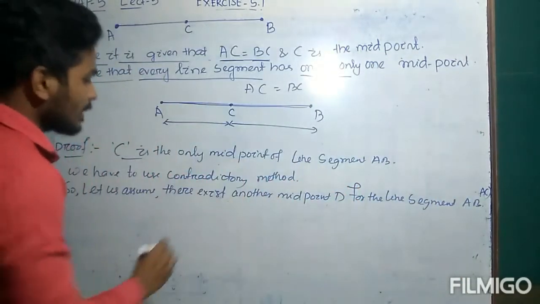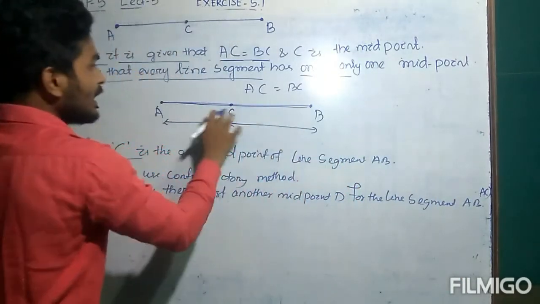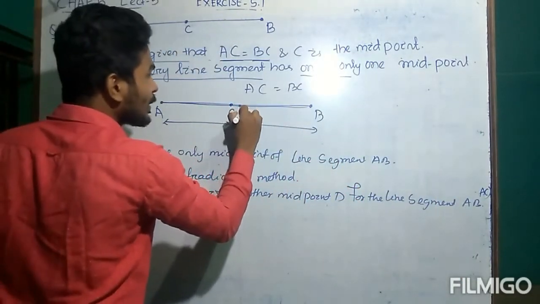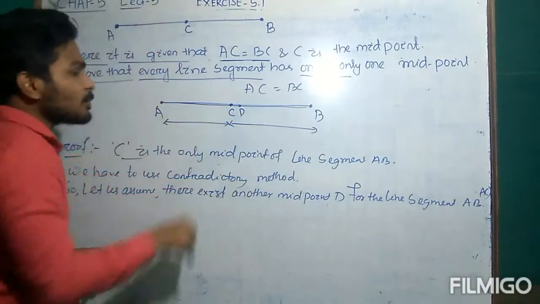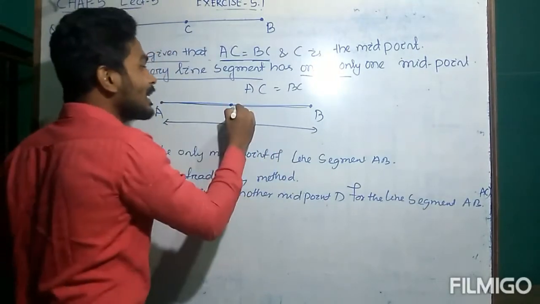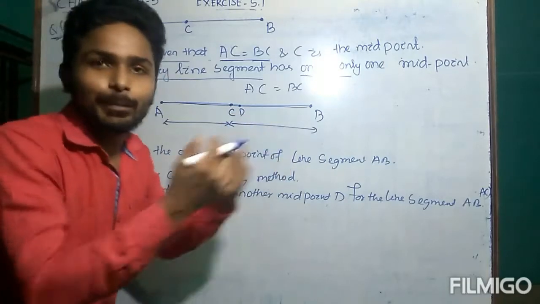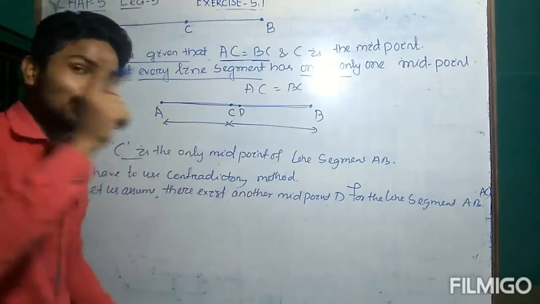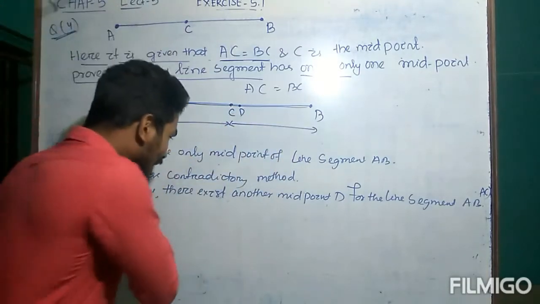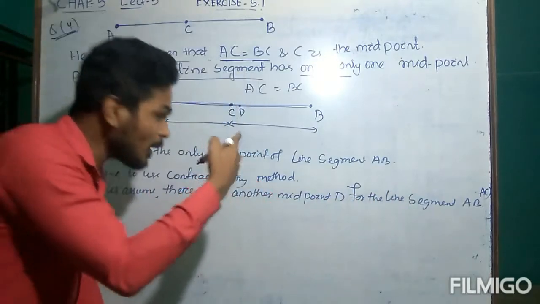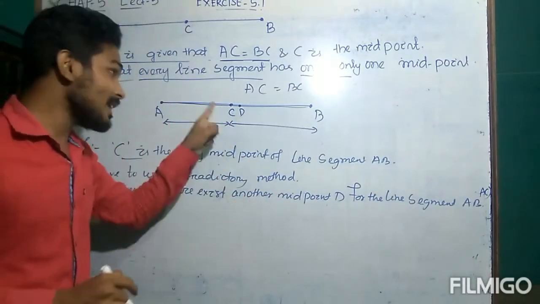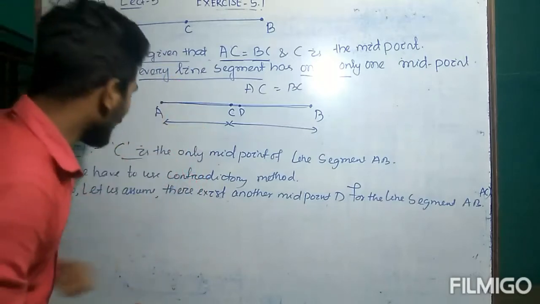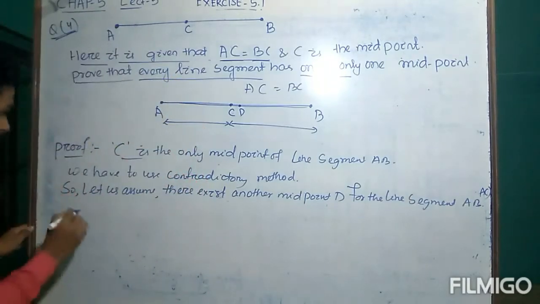That means for this line segment AB you have two midpoints. It is already given that C is the midpoint, but you have assumed that D is also another midpoint. Now you have to prove that the statement you have assumed is wrong. Then only you can prove that there is only one midpoint. So let us prove it.